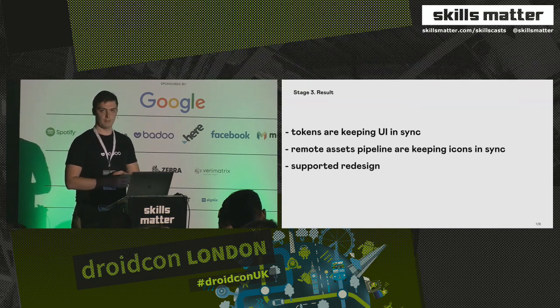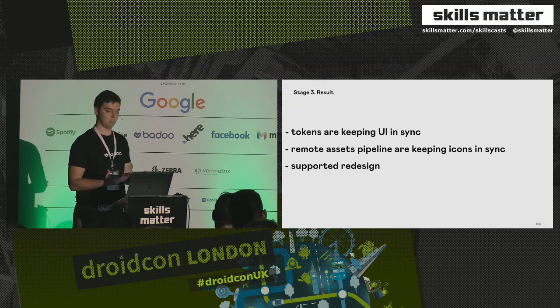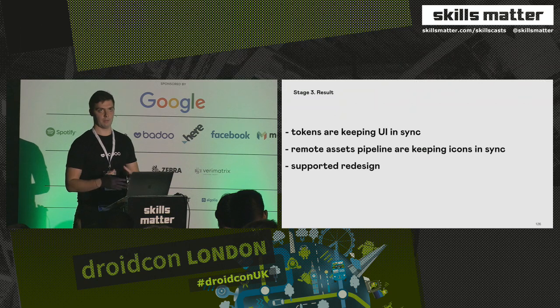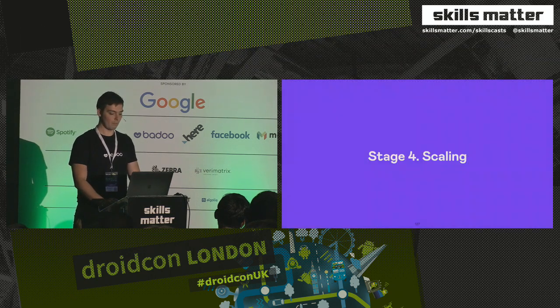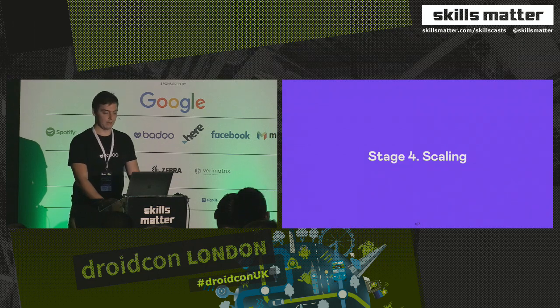And if designers again want to implement a redesign task, we do the same stuff. I mean, we just ask them to update tokens and assets, we run the script, and it will be solved in one day. And the next stage was scaling.